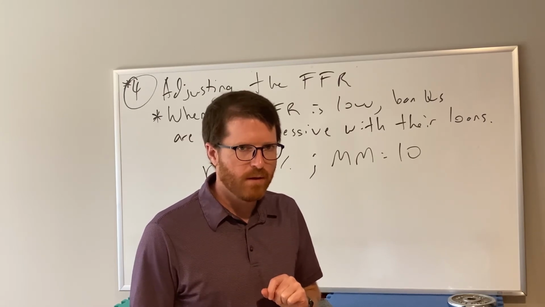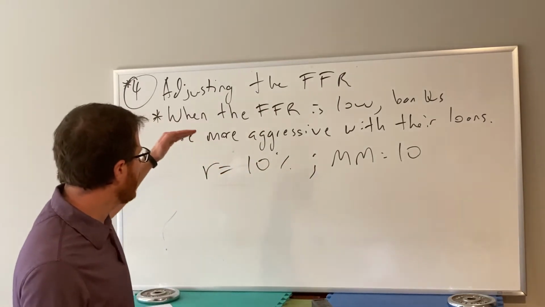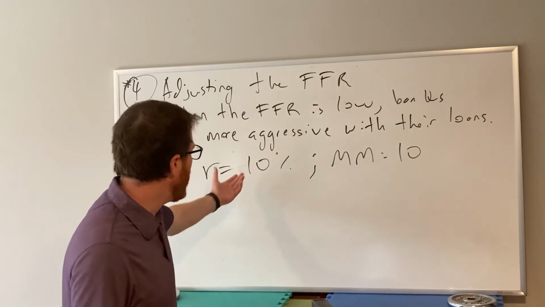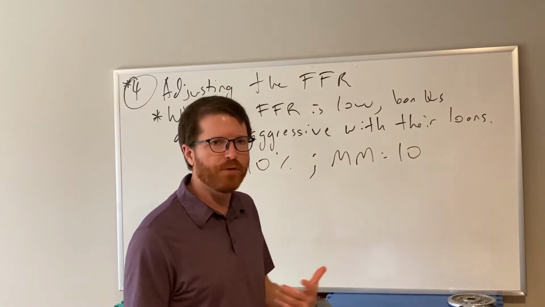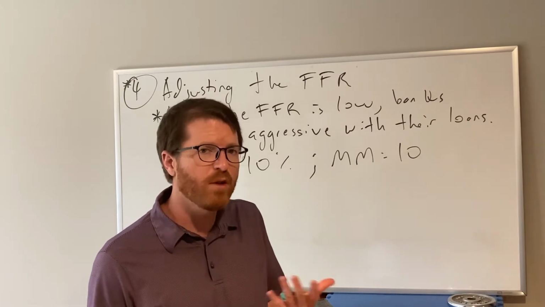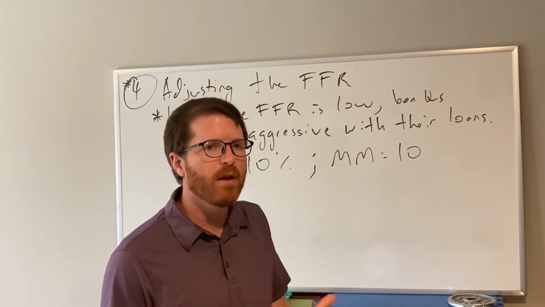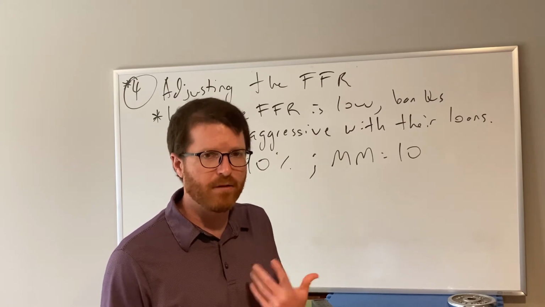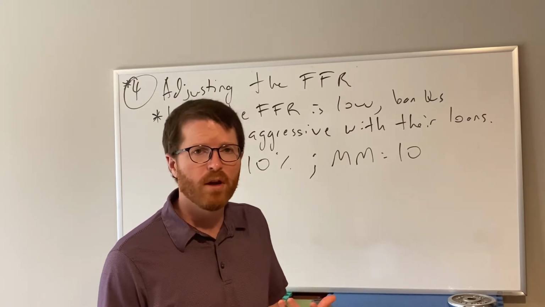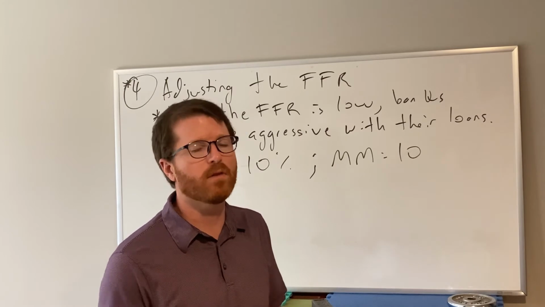Okay? So when the federal funds rate is low, banks will loan out closer to their maximums, which means the money multiplier will get closer to being fully realized. Okay? So a lower federal funds rate stimulates the bank's loaning process, which creates more money in society.